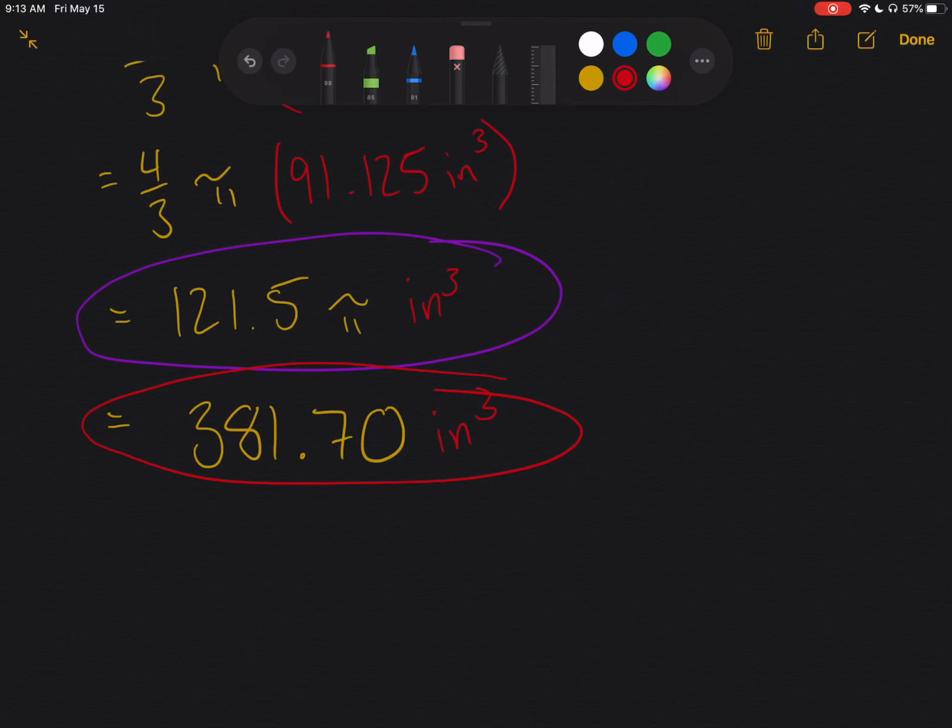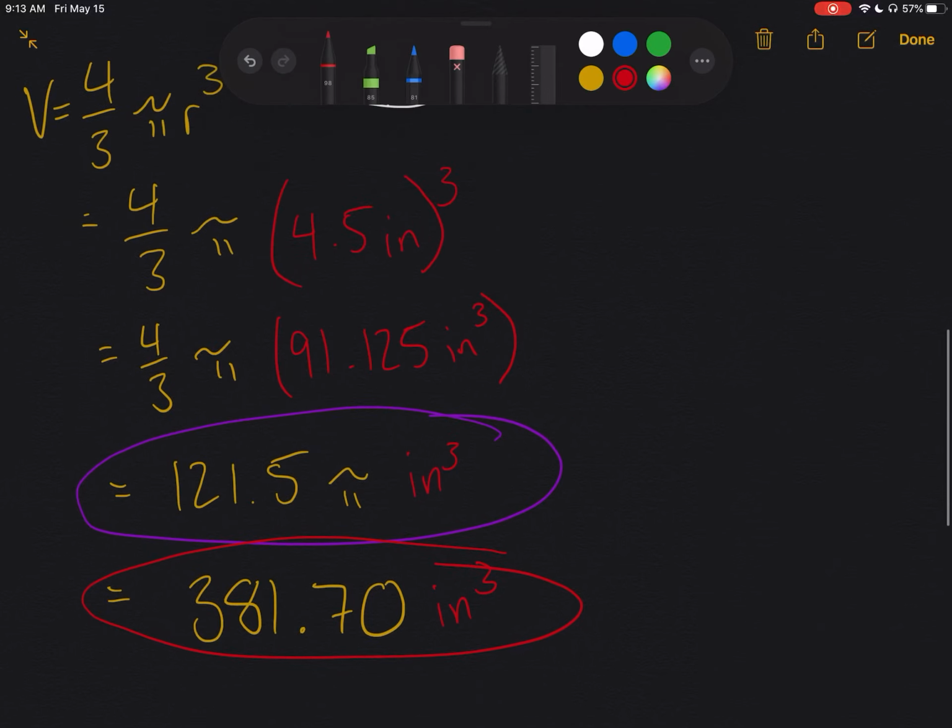You could be given the volume and asked to find the radius. You plug in the volume and then you're solving for the radius, and it's the same story where you're just working backwards and solving for a variable. I don't believe there's one of those on the practice, but there may be. I can't remember for sure.